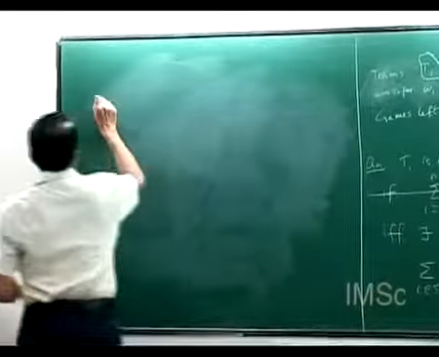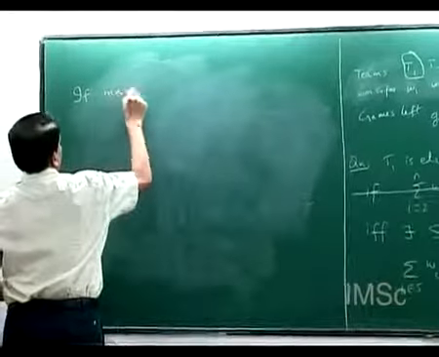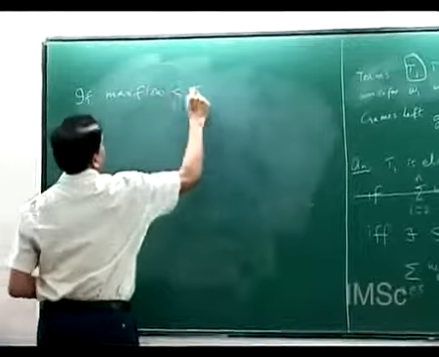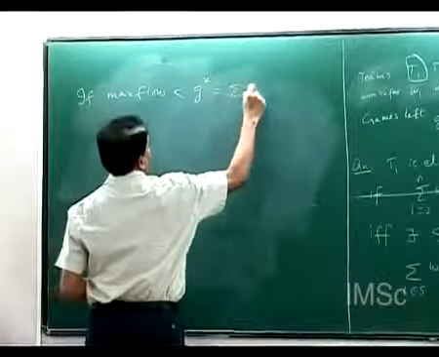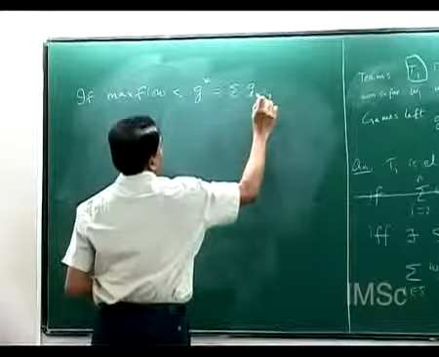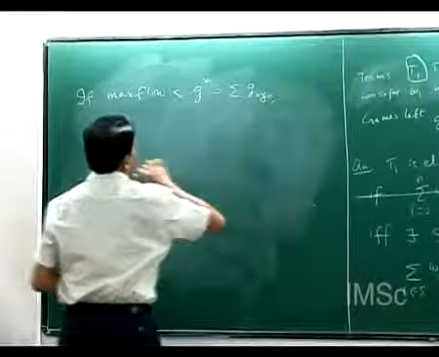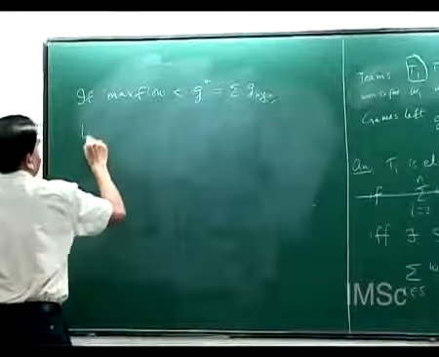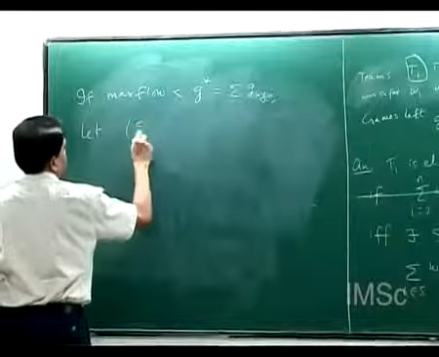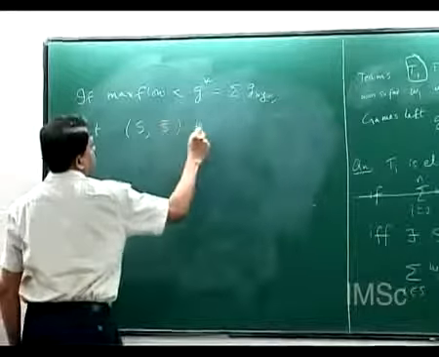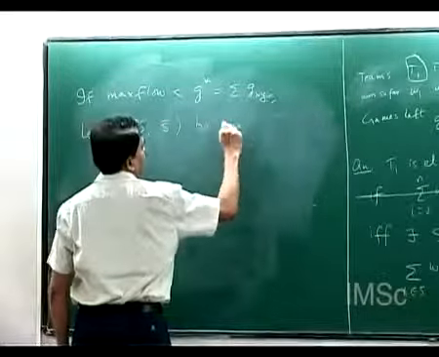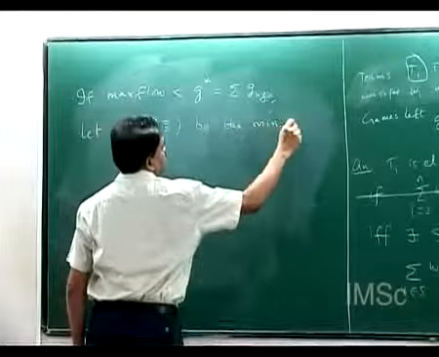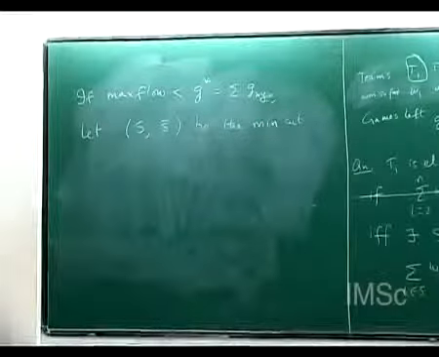Okay. So, if max flow is less than G star, which is equal to summation g x y, let S, S bar be the min cut. Okay. So, it is a cut of this vertex set.